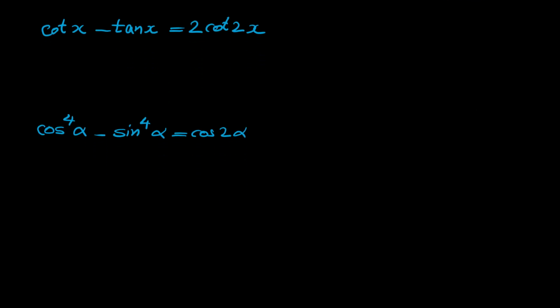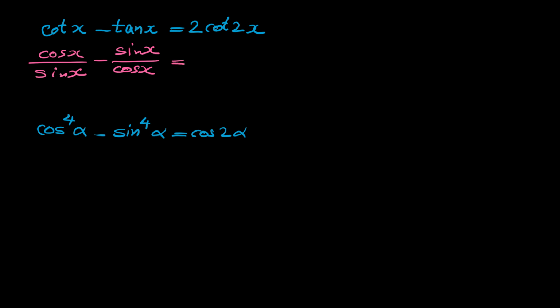Cotangent x minus tangent x is 2 cotangent of 2x. So, for this one, cotangent can be written as cosine over sine, so cosine x over sine x by the quotient identities, and tangent is sine x over cosine x.